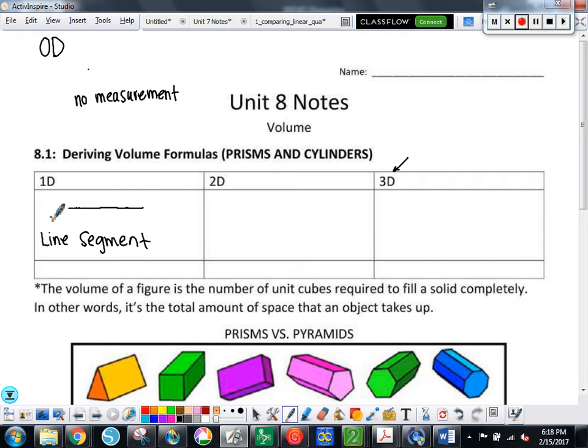When I measure the length, the exponent is going to be to the first degree because it is one-dimensional. So we would measure it in inches or meters or yards or miles or centimeters. If I'm just measuring length, that's what my units would look like.